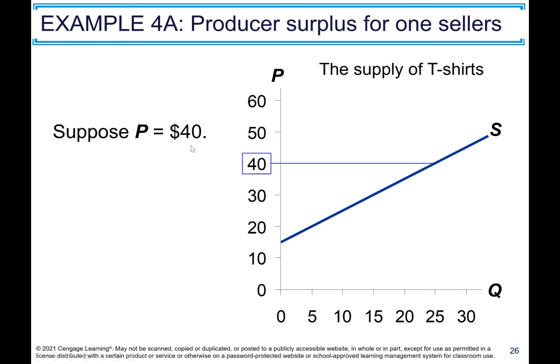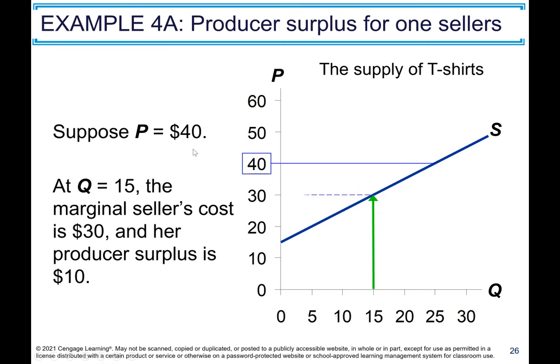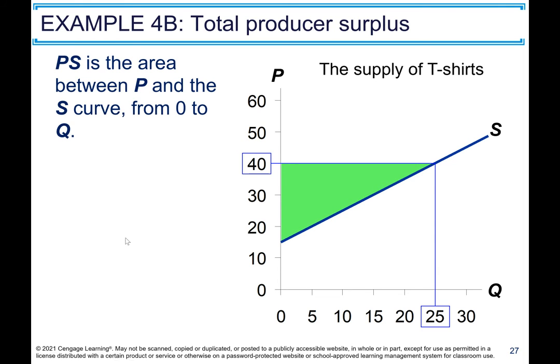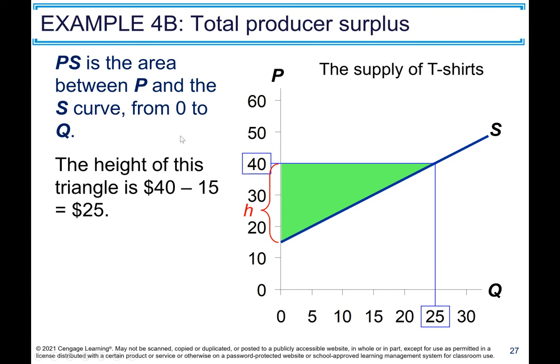Suppose price is 40. At 15, the marginal seller's cost is 30 and her producer surplus is 10. Total producer surplus, PS, is the area between the price and the supply curve from 0 to Q. The height of this triangle is 40 minus 15, which is $25.